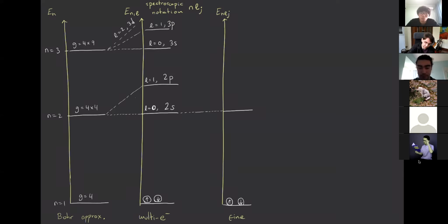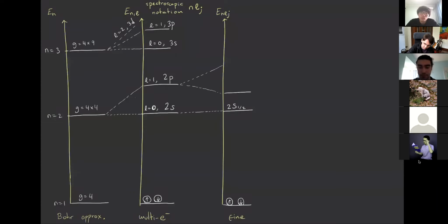Then on the other hand, let me say that this would correspond to the level 2s and then we add here the j. The j is equal to 1/2, so it cannot be anything else. Now, for the other level, for the level 2p, now we will have a splitting of two possibilities.